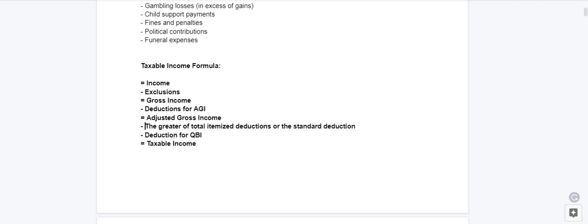Now why do we say whichever one is greater? Well, because remember, itemized and standard deductions are two different deductions that we can take to reduce our taxable income. But they're both deductions. Remember, the purpose of deductions is to reduce our taxable income. But not all deductions are created equal.